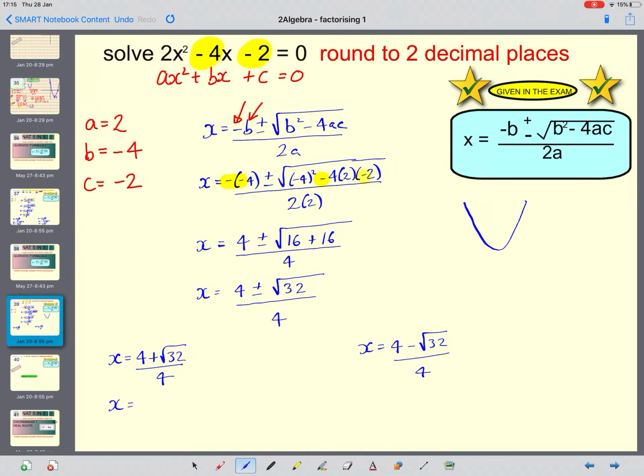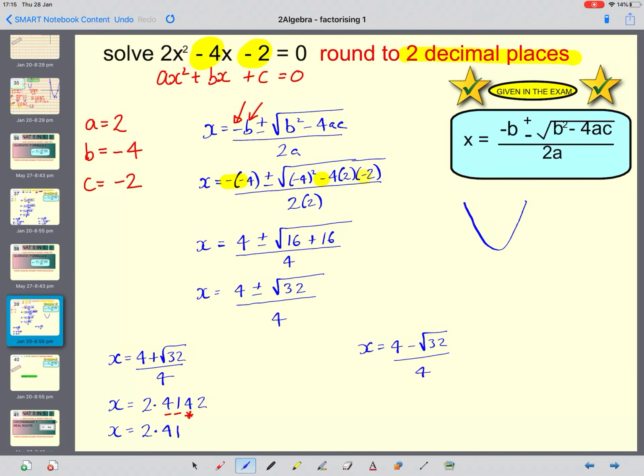The first one is giving me an answer of 2.4142. It tells me I want it to 2 decimal places. So 1, 2, that's my decider. It's under 5, so it doesn't change the number beside it. So it's 2.41.